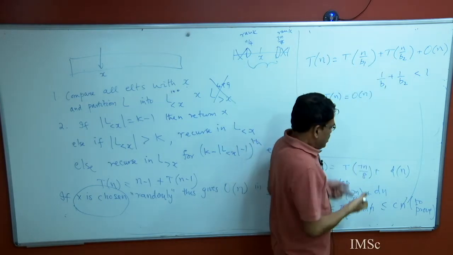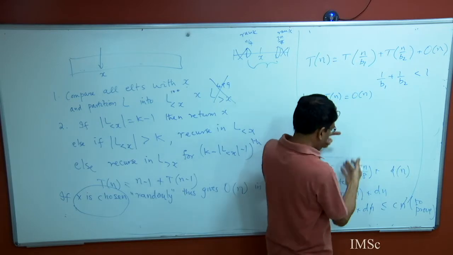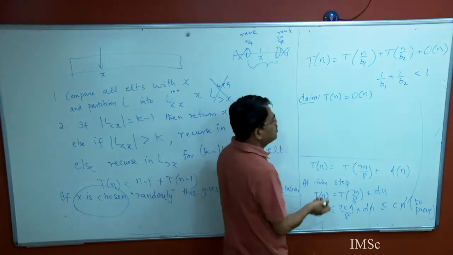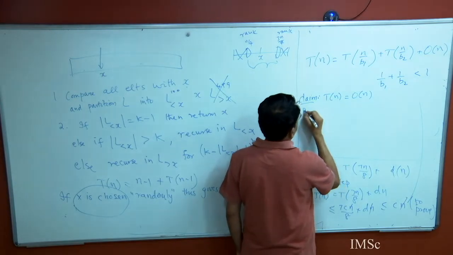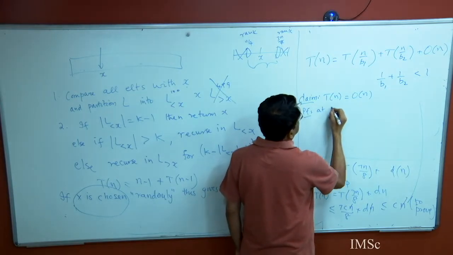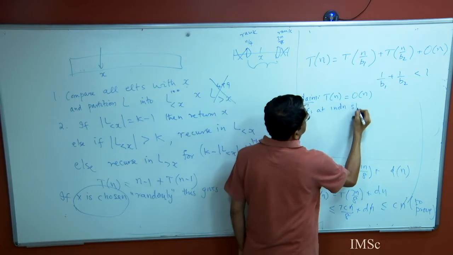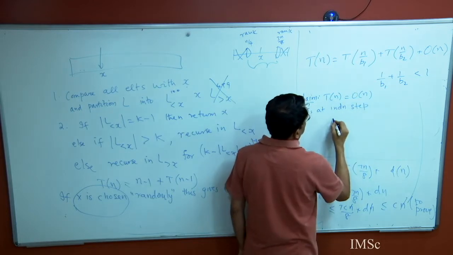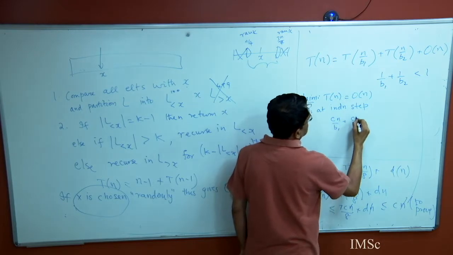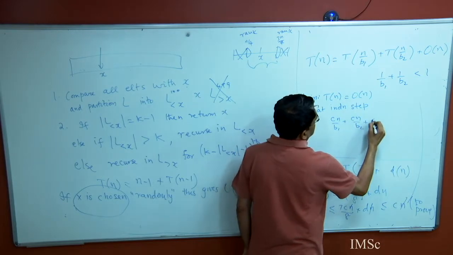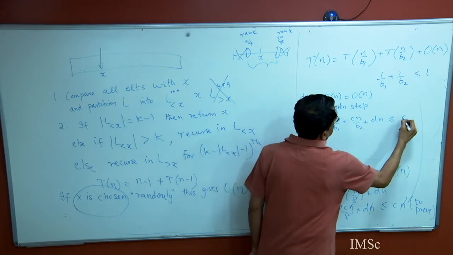Okay. You can prove this along the same lines, because what do I want to show at the induction step? I want to show that C n by b1 plus C n by b2 plus d n is less than or equal to C n.